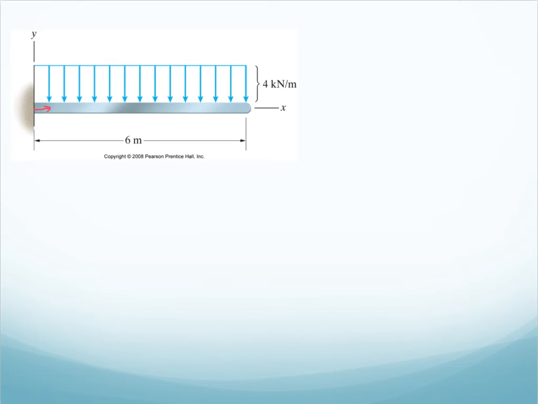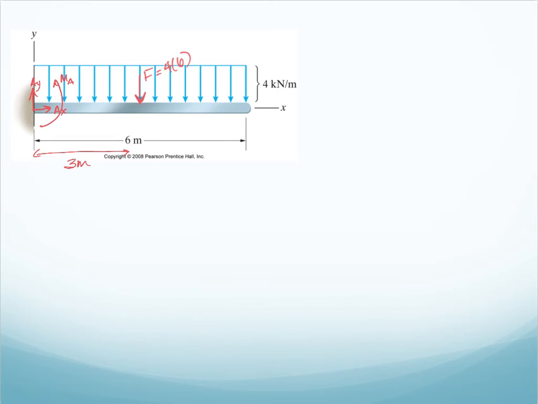So at the wall, I have an Ax, I have an Ay, and I'm going to have the M sub A. And then, of course, the force that is equivalent to the distributed load, which is going to be 4 times 6, is going to be located 3 meters away from the end, because it's going to be right in the center, because it's a real simple rectangle.